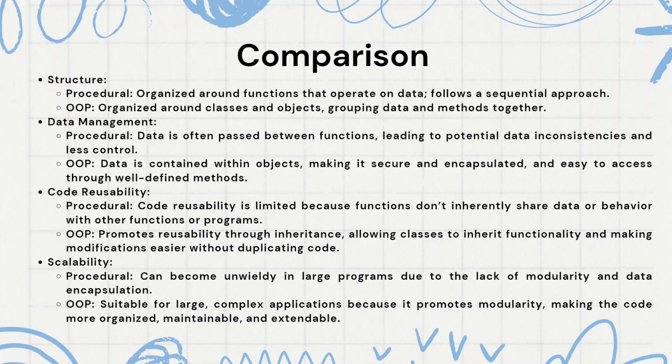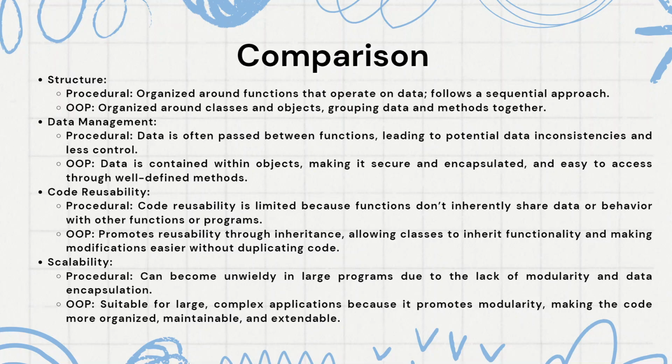In terms of code reusability, in procedural programming, code reusability is limited because functions don't inherently share data or behavior with other functions or programs. While OOP promotes reusability through inheritance, allowing classes to inherit functionality and making modification easier without duplicating the code.